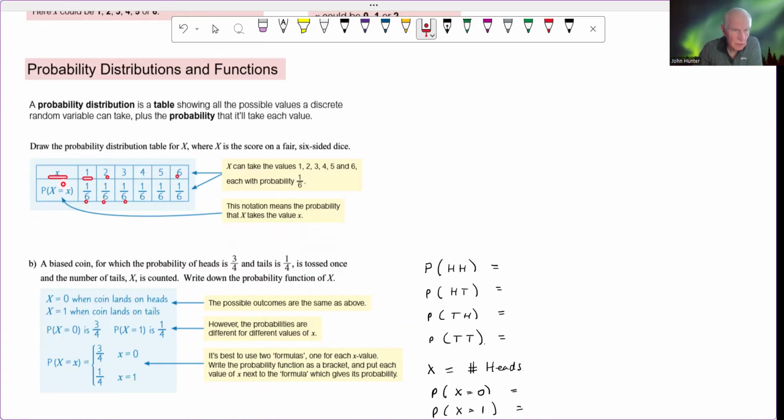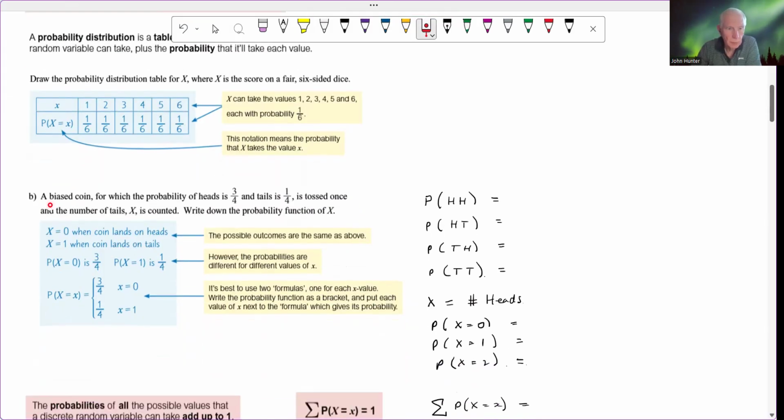And this is the notation that we tend to use. We use a large letter, typically a large X, for the random variable, and the x is a specific value. So we're saying the probability that the random variable will take a specific value is this for 1, same for 2, and so on.